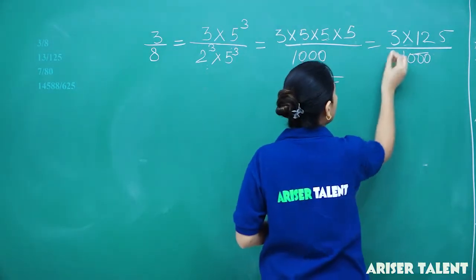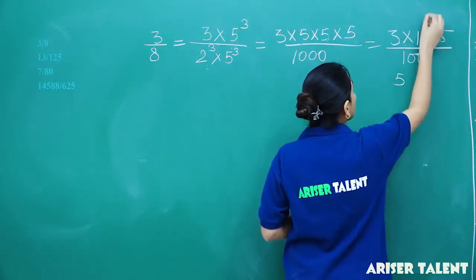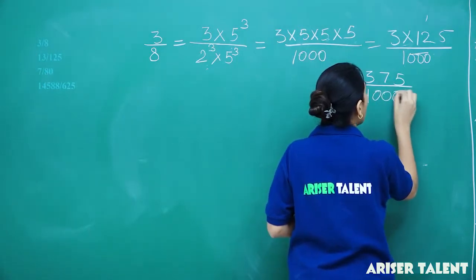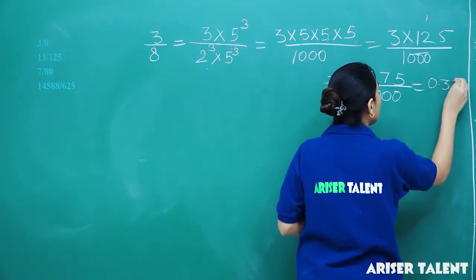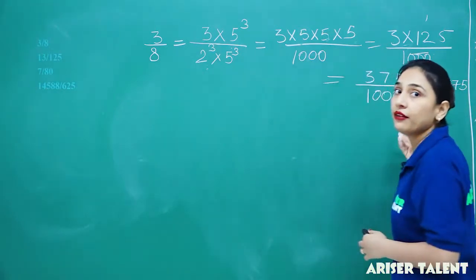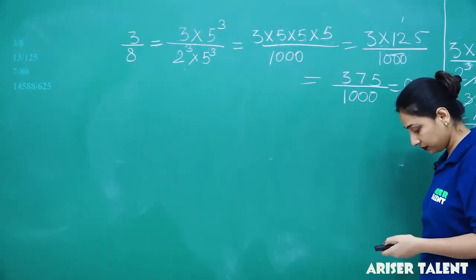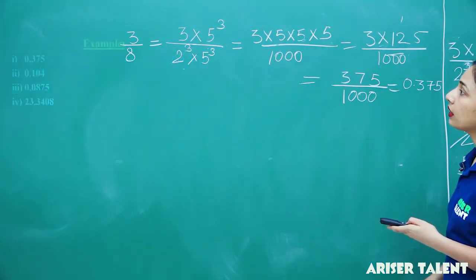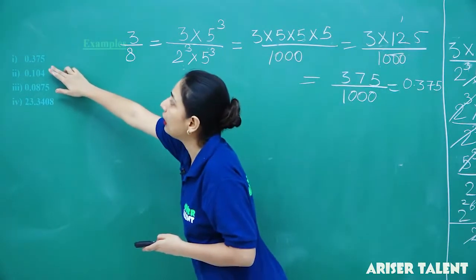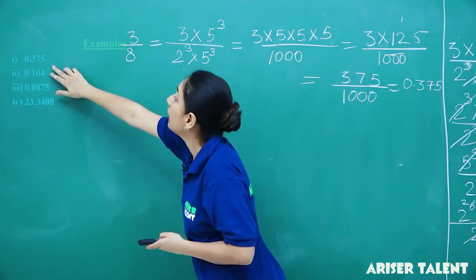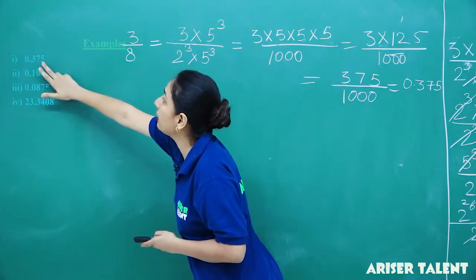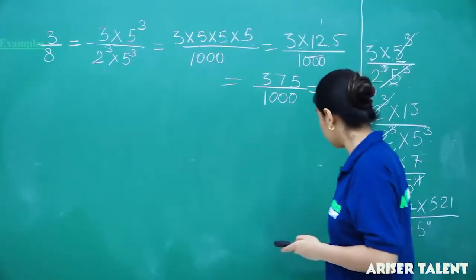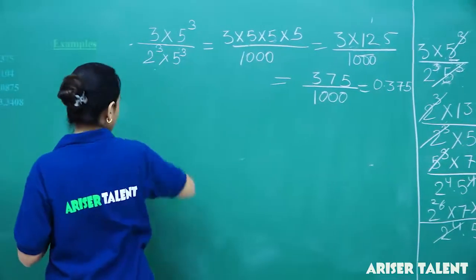Again solving it, 375 over 1000. This will be 0.375. Mark it here. Now see, in this example our first number was 0.375. We are getting the same here, 0.375.